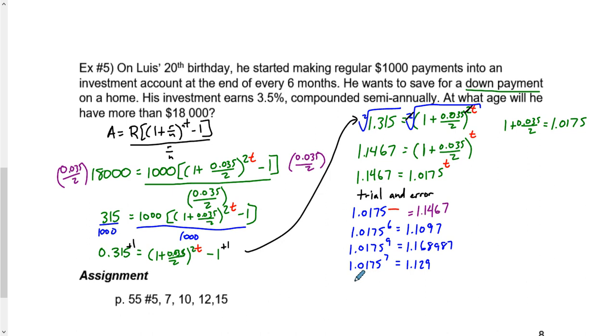If we go 7.5, we get 1.13895. It's getting closer. 1.0175 to the power of 8 is 1.1488. So I'll just round to 89. This is our closest.